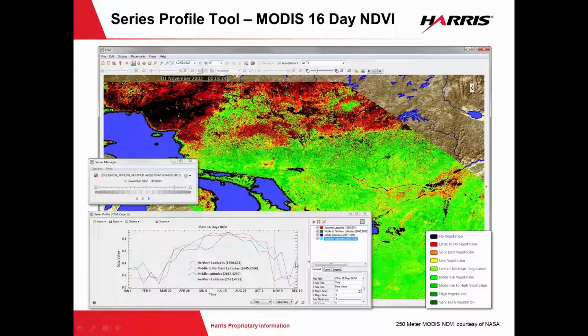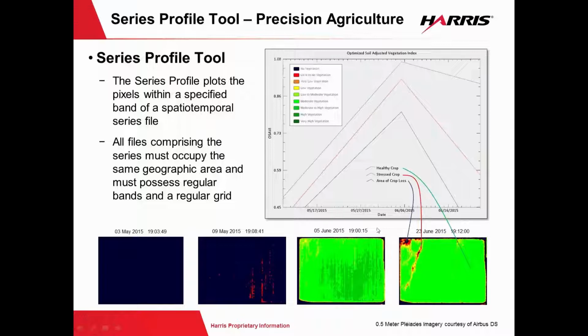So we can use this tool to really pick out trends that might not otherwise be visible to the naked eye. One other example of that, on this next slide, is the use of this tool in precision agriculture. We're in the western United States, specifically California.